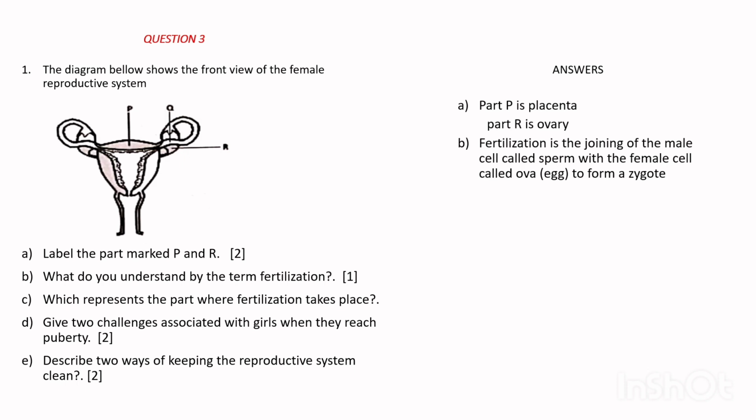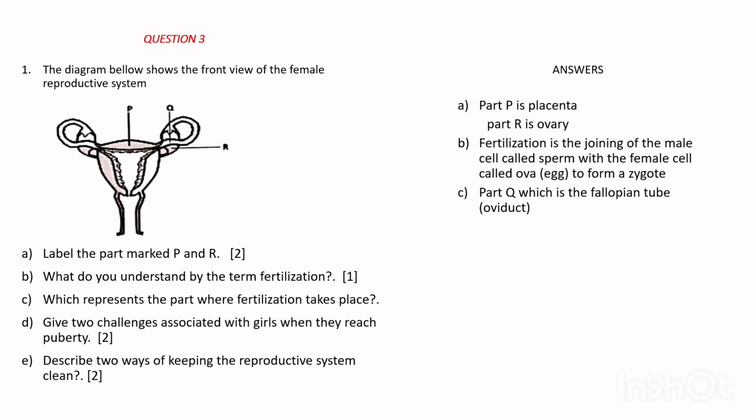Okay, and then we move to question C. Which represents the part where fertilization takes place? I remember I said something about this in the first unit. Where does fertilization take place? Fertilization takes place in the oviduct, which is also called the fallopian tube.